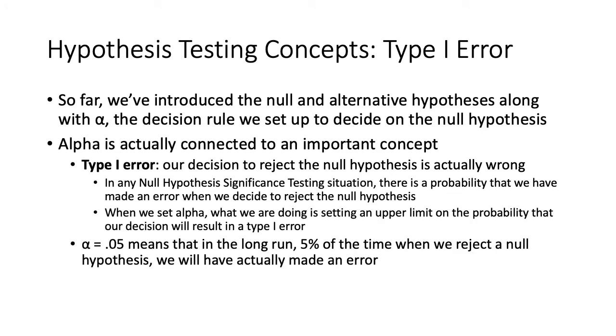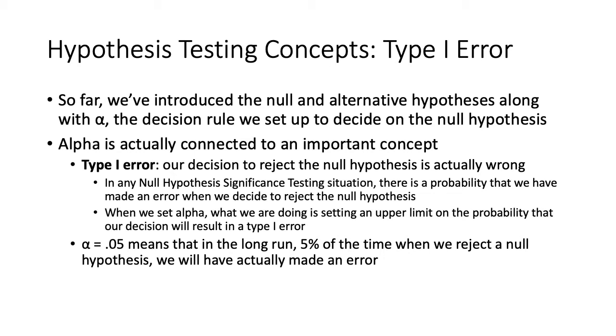In any null hypothesis significance testing situation, there's a probability that we've made an error when we decide to reject the null hypothesis. When we pick, for example, alpha of 0.05, we're setting an upper limit on the probability that our decision might actually be a type 1 error.